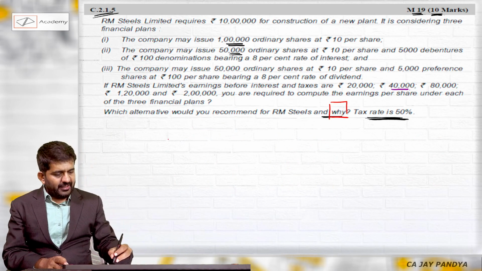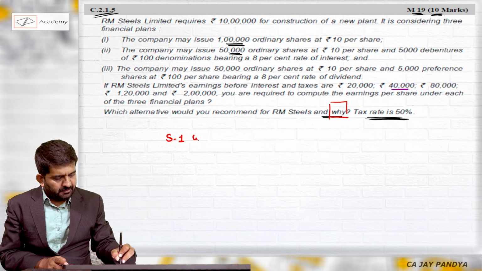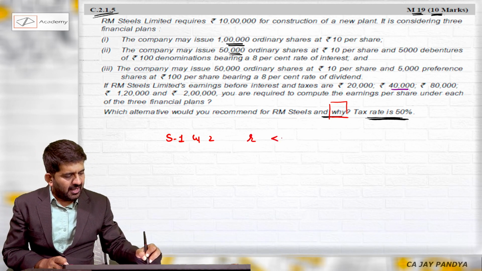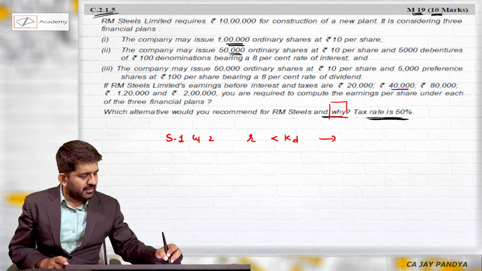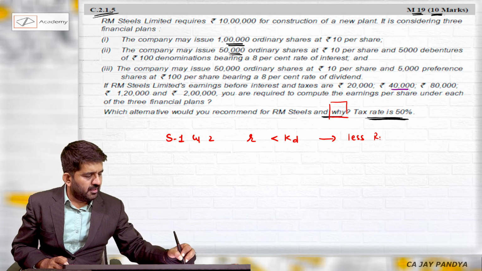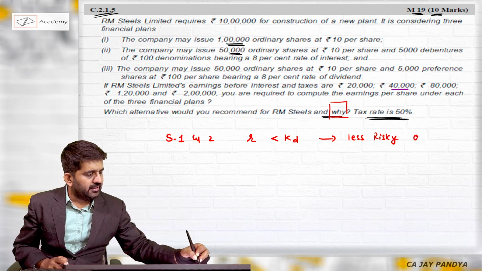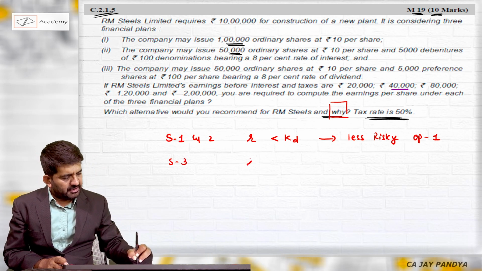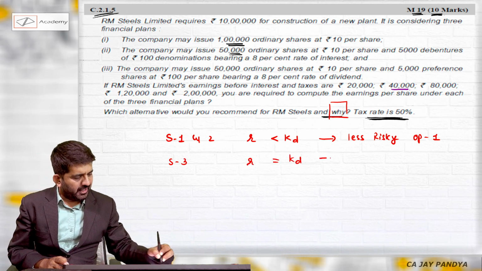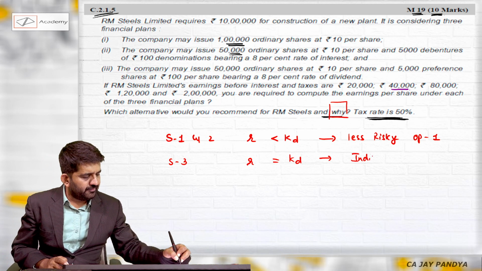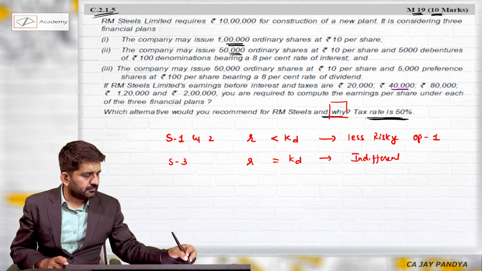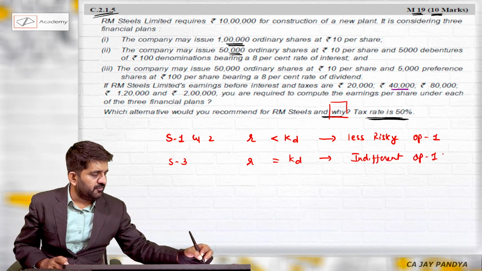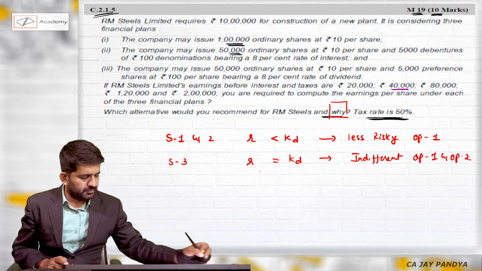You should write down: in situation number 1 and 2, R is less than KD, so you should go for the less risky option, that is option number 1. In situation number 3, R is equal to KD, you are indifferent between option 1 and option 2.